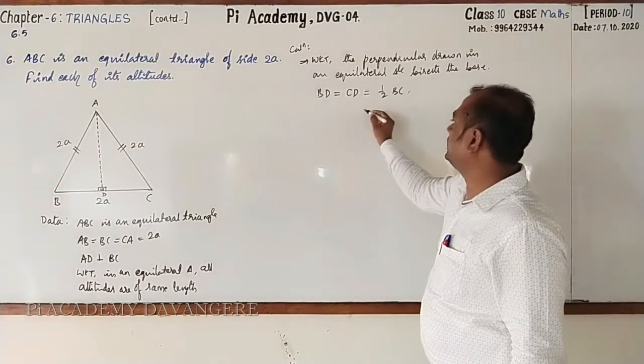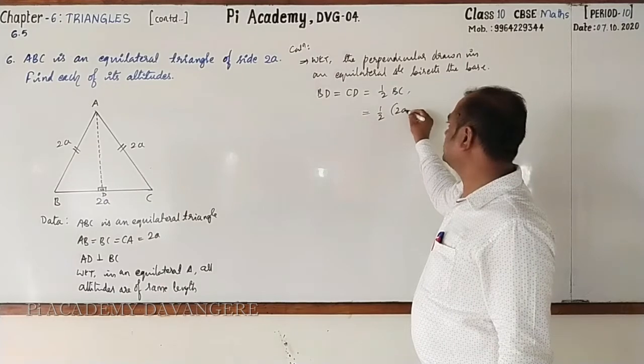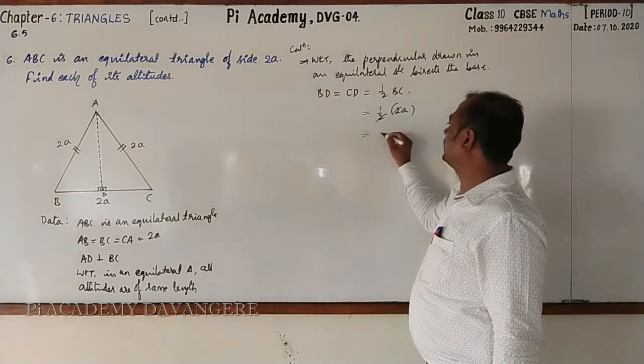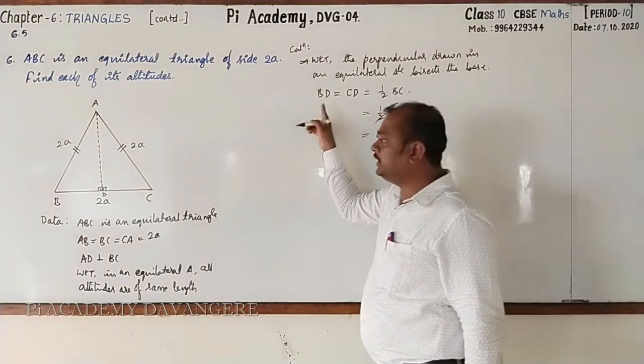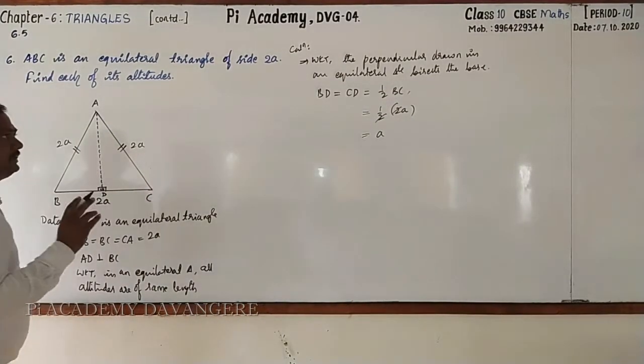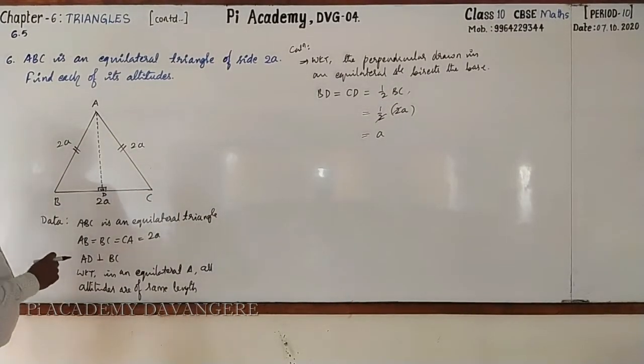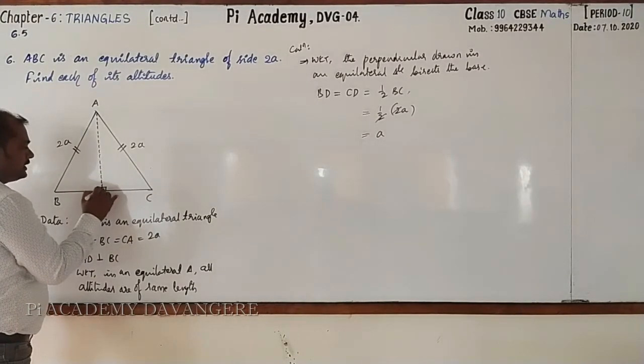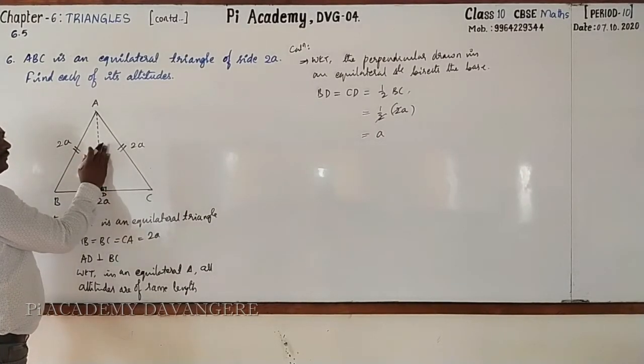But what is BC? BC is 2a. Then 2 and 2 get cancelled, just a. BD is a and CD is a. But what are we going to find out? We will find out the measurement of AD. How do we find it? Look here. Here AD is perpendicular to BC.